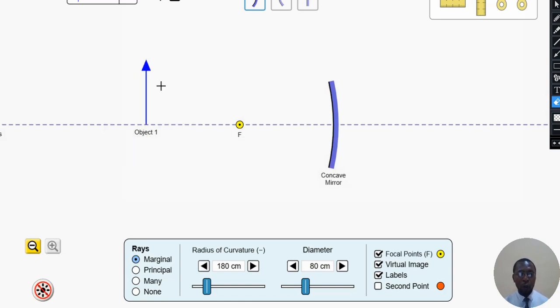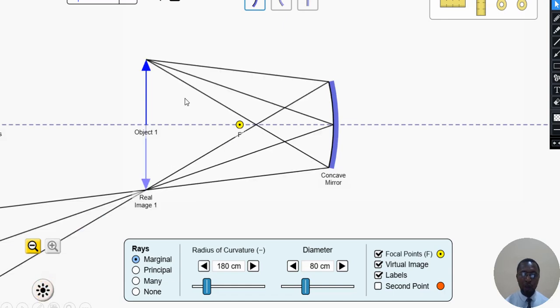Now we are going to bring in our ray of light. Remember what we call a ray? A ray is the path which the light follows. Okay, now let me put in the ray. Putting in the ray, we have something like this. You see now.